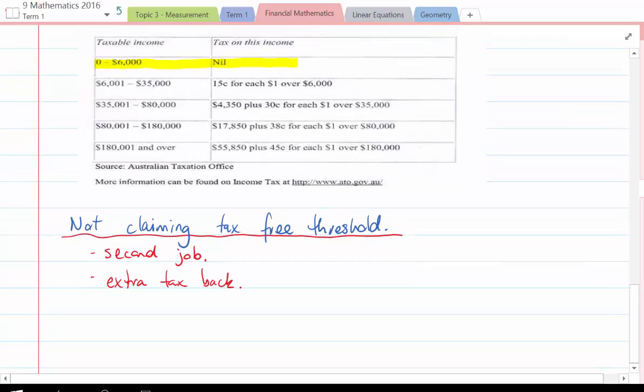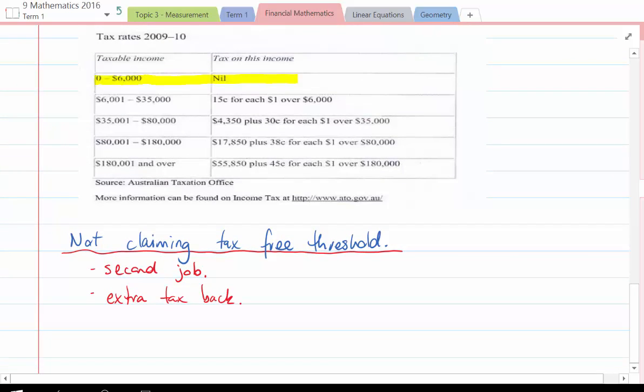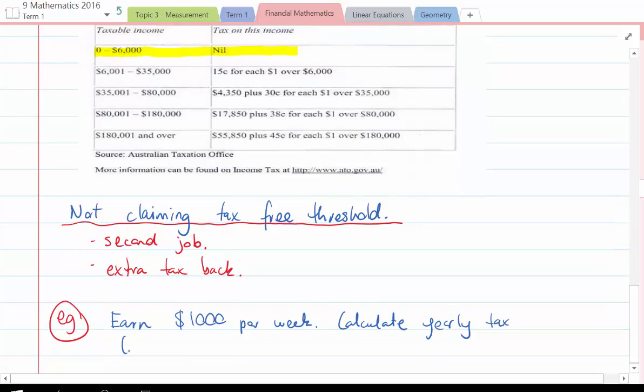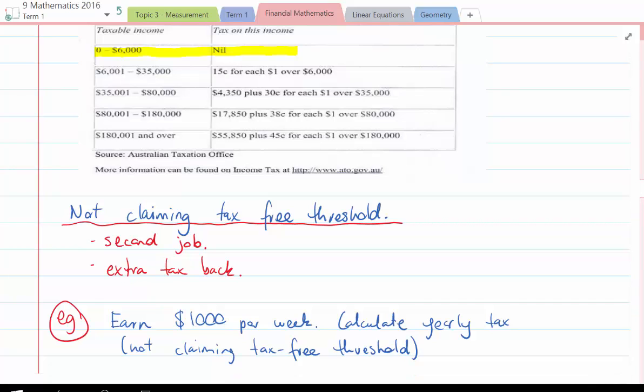So if we use the 2009-10 tables and we look at a quick example, we'll say we earn $1,000 per week and we want to calculate yearly tax, and we'll put in brackets not claiming the tax-free threshold. Okay, so that means for this first section, that's 6,000, they're going to have to pay that 15 cents per dollar. So in that first section, they have to pay that lowest amount, so it's always going to be the one below it.